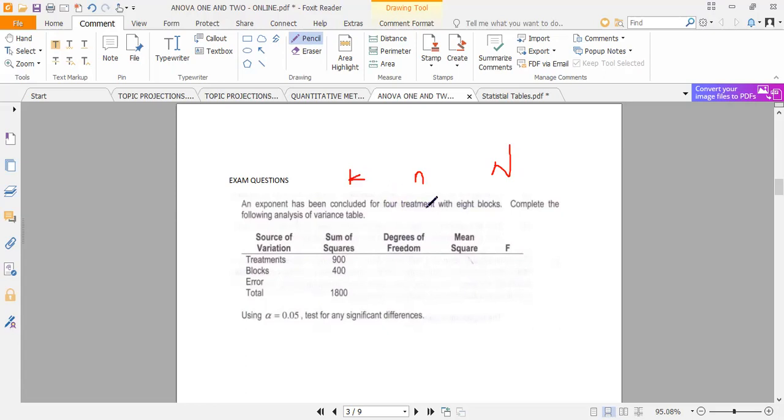What is our K? Already given. How many treatments are there? 4. So our K is 4. And how many blocks do we have? 8. When we multiply this times that, we get our N. What is our N? 32.